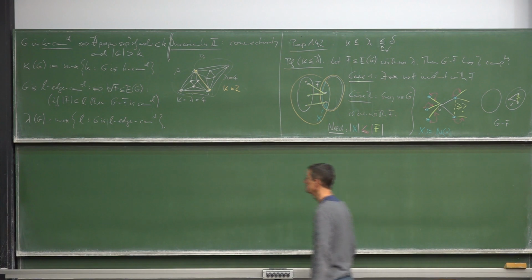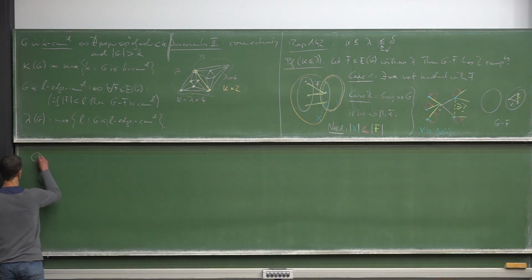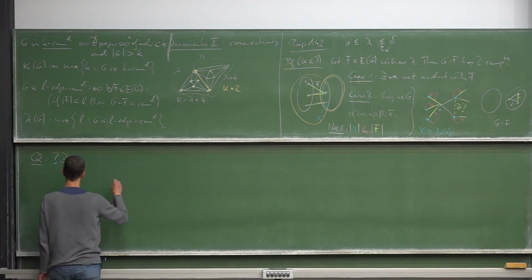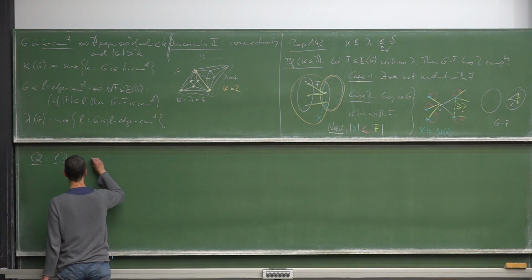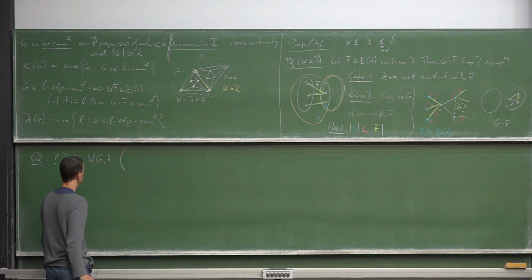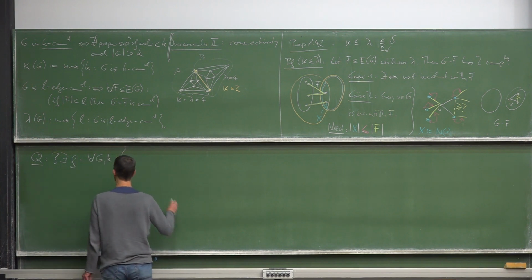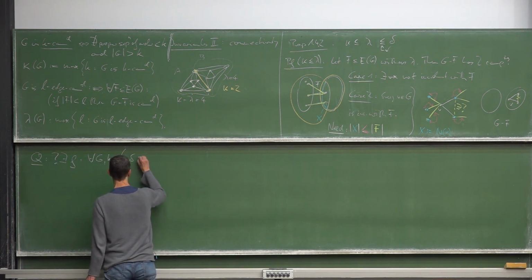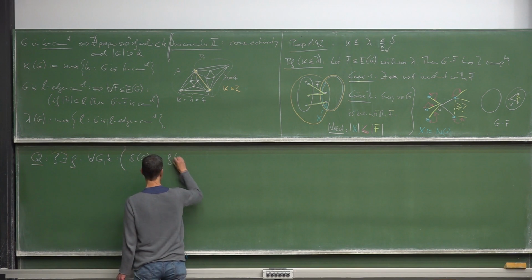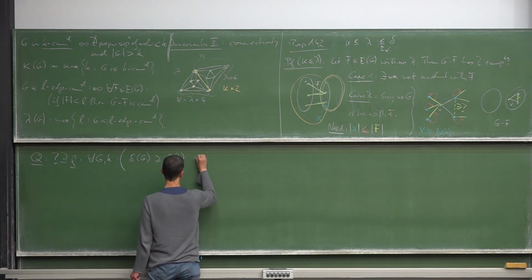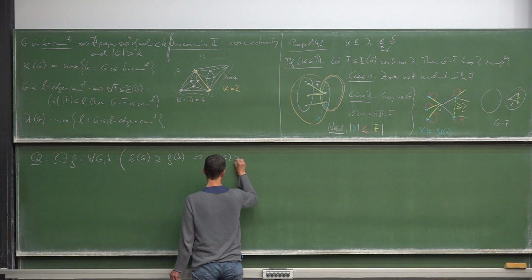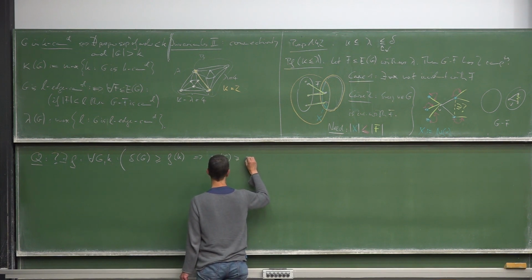Okay, so question. Is there a function f such that for every k and every G, if delta of G is at least f of k, then kappa of G is at least k?